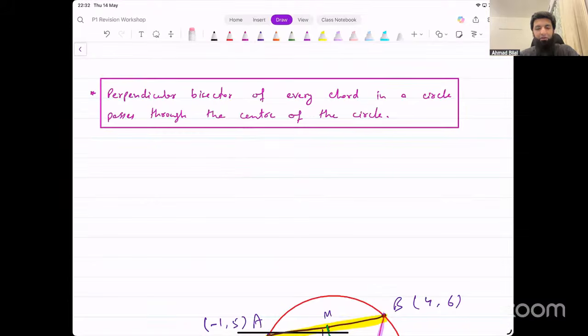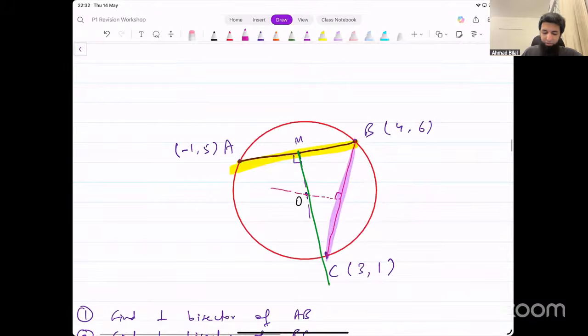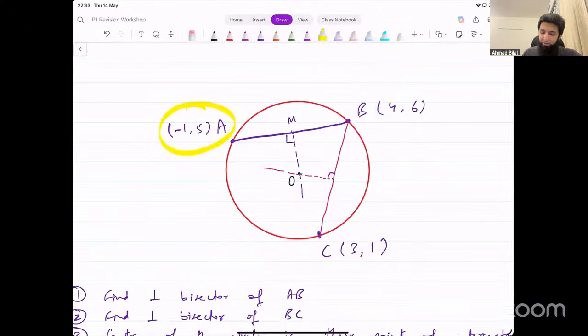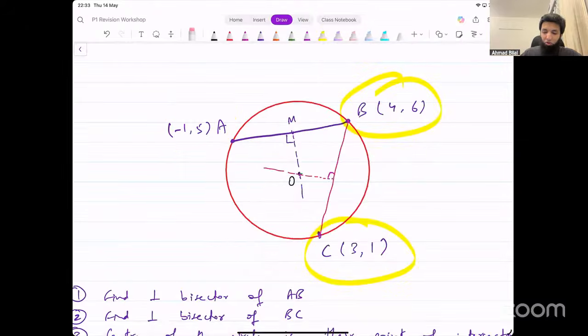So how can you find the center then, given 3 points on the circumference? For example, let me just erase these highlights. If you have 3 points, A, B, and C, join any two sets of points.